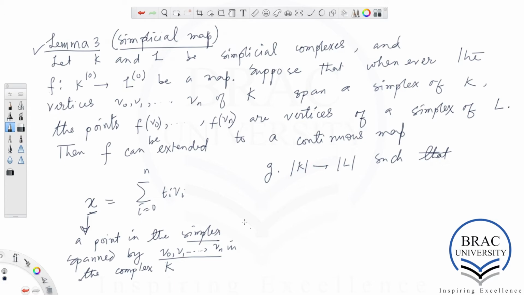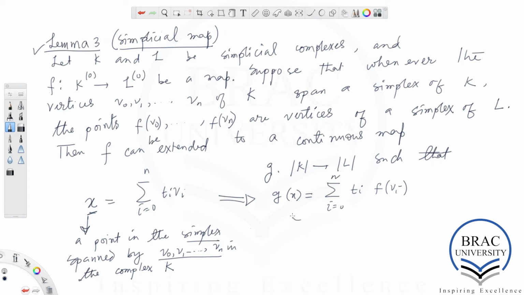in the complex K. And so this will imply that g of x is equal to the sum of all the terms ti f of vi, where i runs from 0 to n.